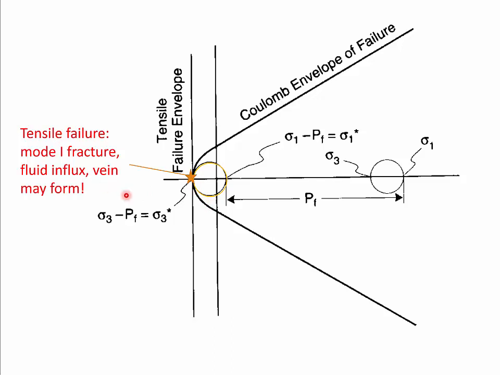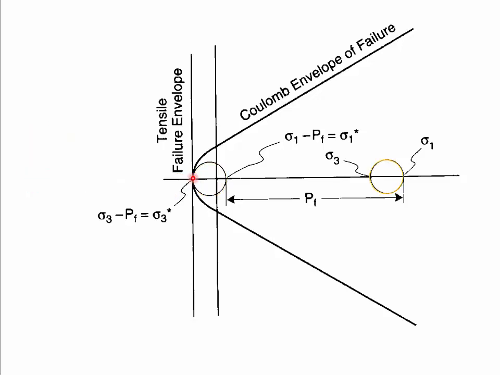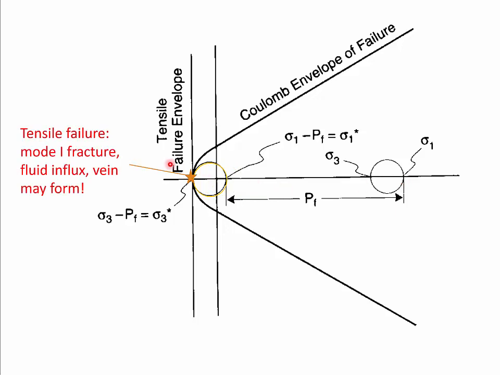In particular, a vein can form because on that fracture a tensile stress acts. That makes it suitable for dilation. So let's have a look again. We have stress conditions. Fluid pressure builds up by fluid generation or by heating up the fluid, and this moves our effective stress conditions towards tensile failure.